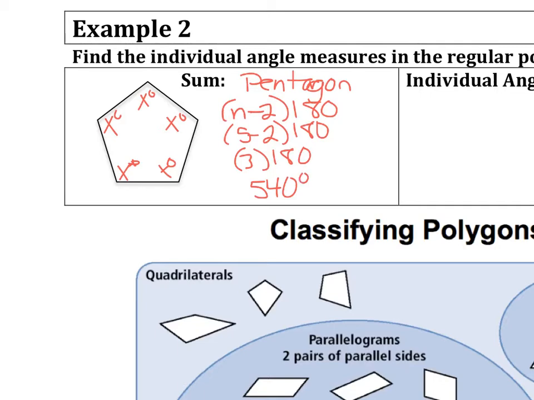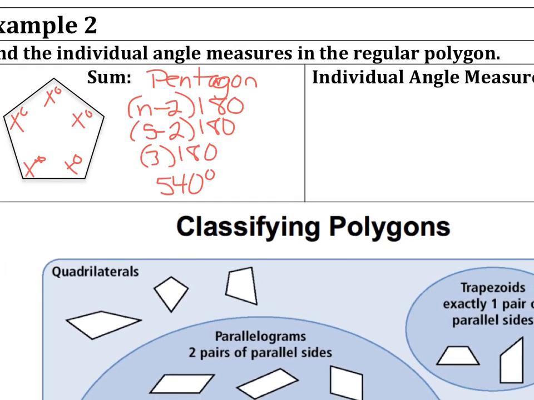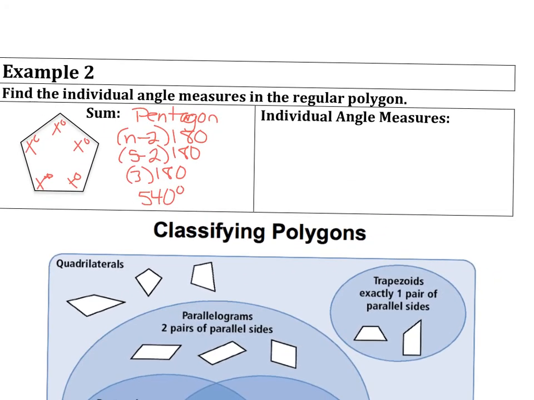Now I can find the individual angle measures because I know that each of these x's have the same measure. And so that's because it's a regular polygon. If we were not told this was a regular polygon, we would not be allowed to assume that, but we are in this case. So we have 5 x's.